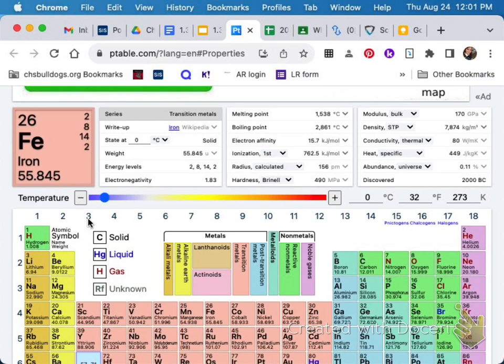Okay. And then usually towards the bottom of the block, there is the atomic mass. Okay. This is an average because of some things, and we'll learn more about it in later sections. But for right now, just know that's your atomic mass there.